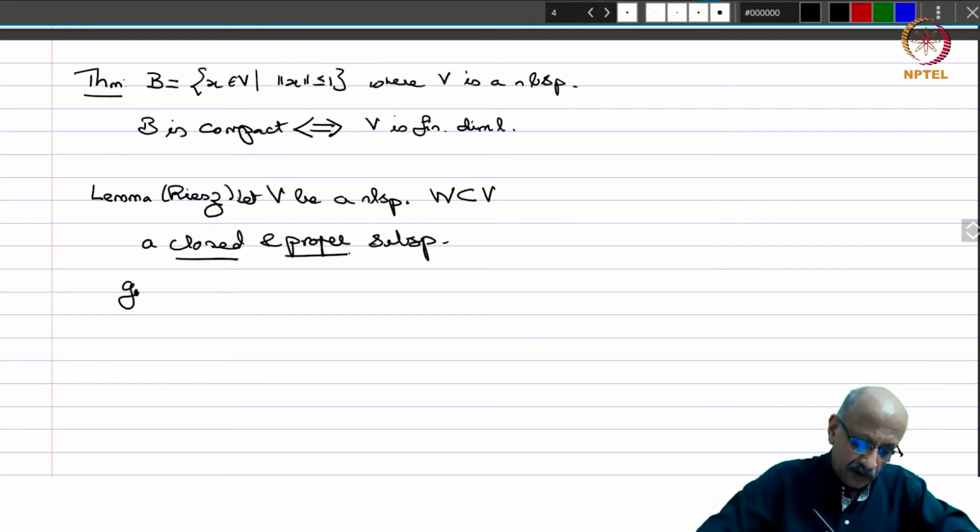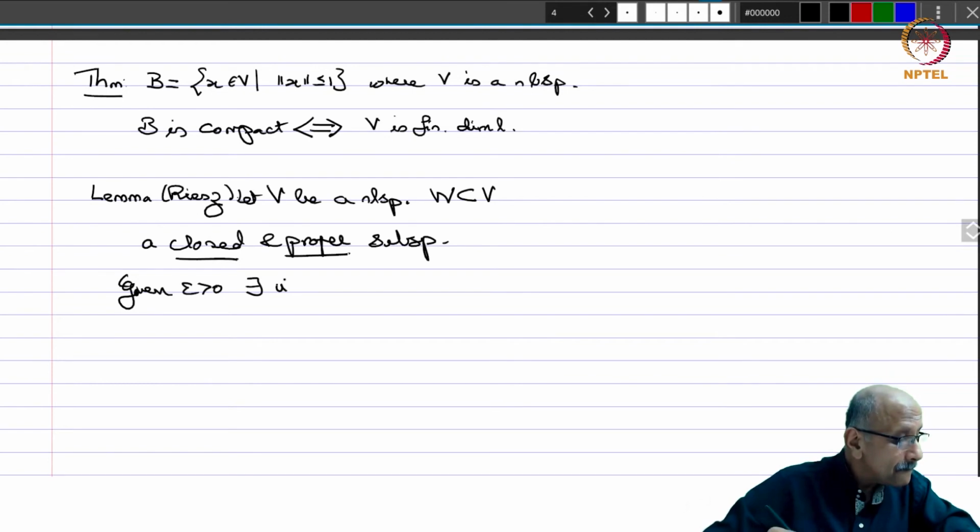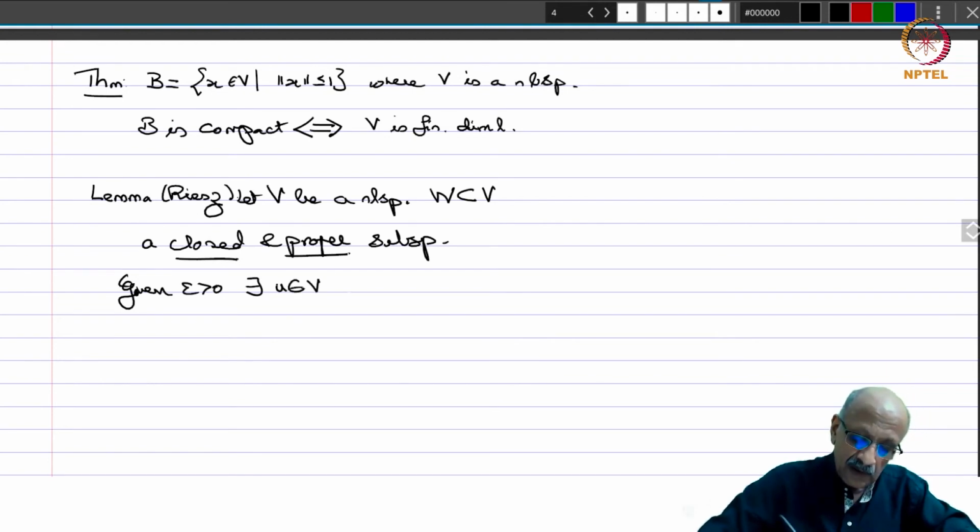So given epsilon positive, there exists a u in V such that norm u equals 1 and the distance of u from W is greater than or equal to 1 minus epsilon.